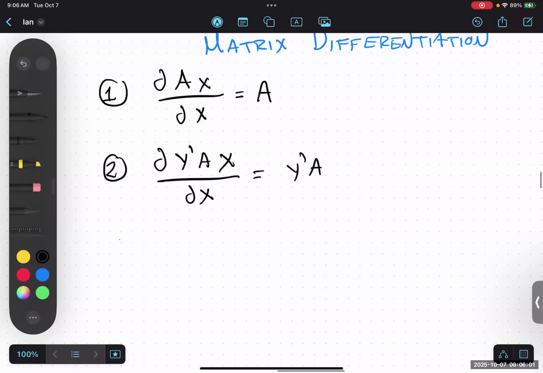But here comes the interesting part. What if you have the exact same product, y transpose A x, and you would like to take the derivative not with respect to x, but with respect to y? Not with respect to y transpose, with respect to y.